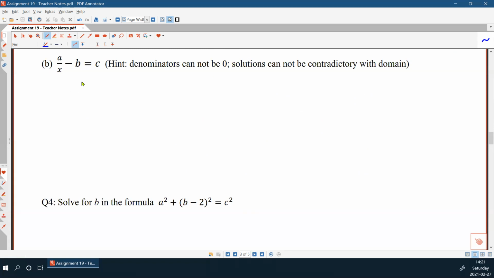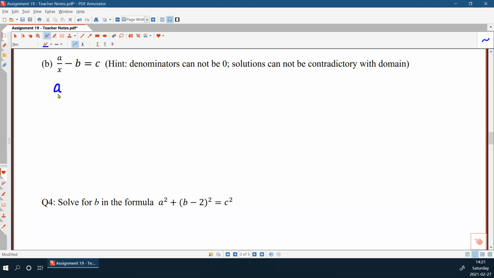We also want to solve for x, right? Okay, so we need to put the terms that include x on one side of the equation and anything else on the other side of the equation, right?